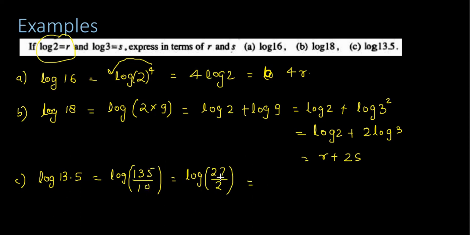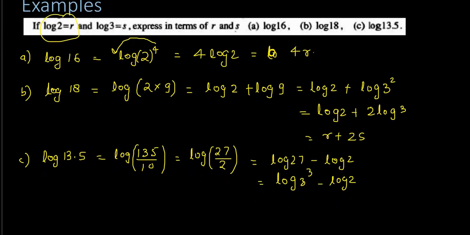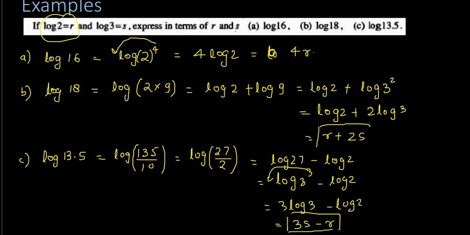So now the third property will apply, that log a upon b is log a minus log b. Log a minus log b, and this 27 you can write as 3 cube, minus log 2. And finally I can write this as 3 log 3 minus log 2, as the exponent gets multiplied. That means 3s minus r. Right, this is the answer for the C part, and this is for the B part and this is your A part.